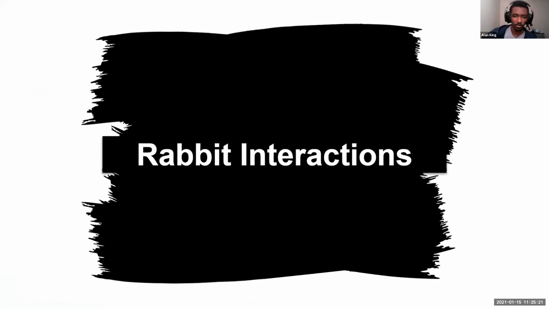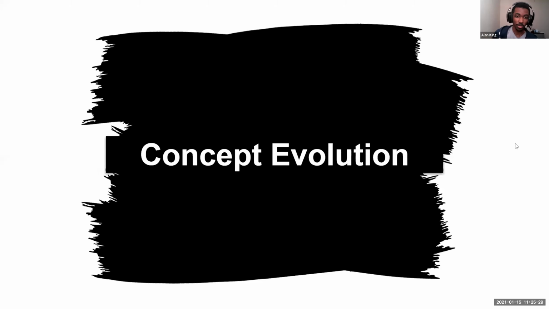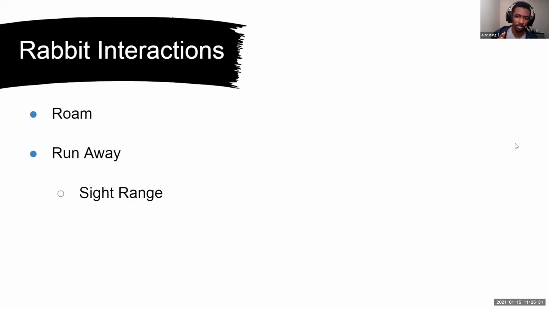All right, so I've been working on the interaction with the rabbit, trying to get it to roam around the area, as well as run away from the character when you get too close. All I did was set a collision sphere around the creature, and when you get too close, it will trigger a runaway.